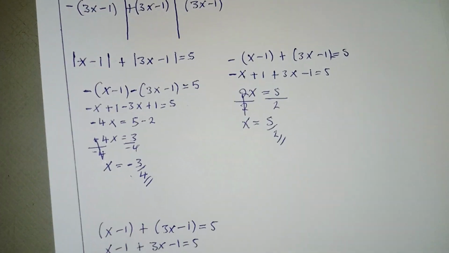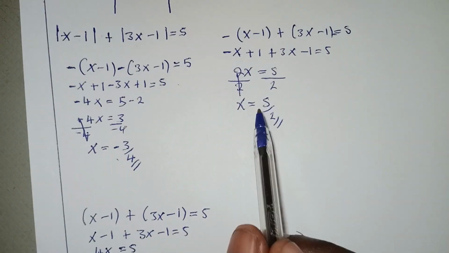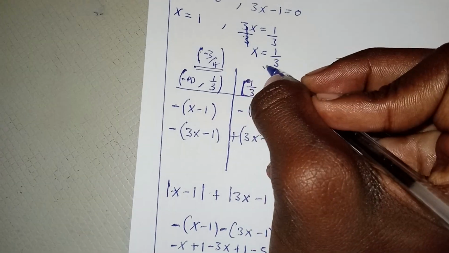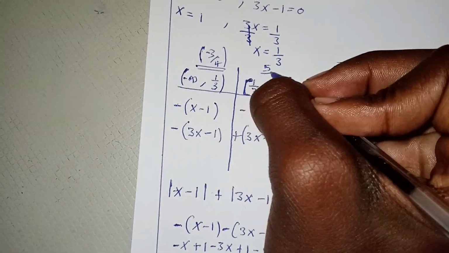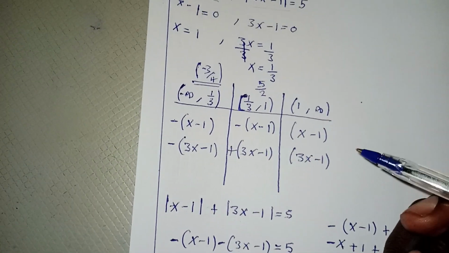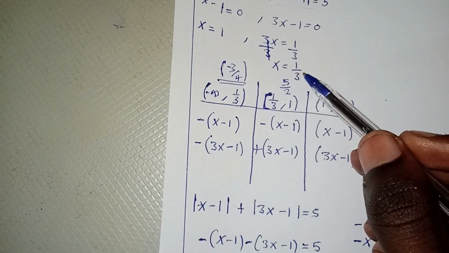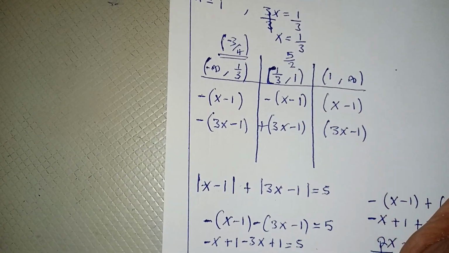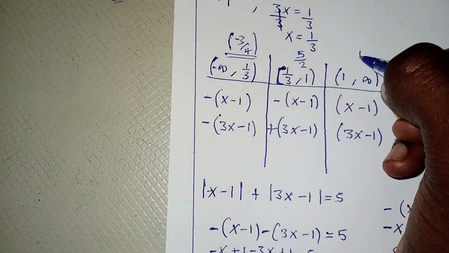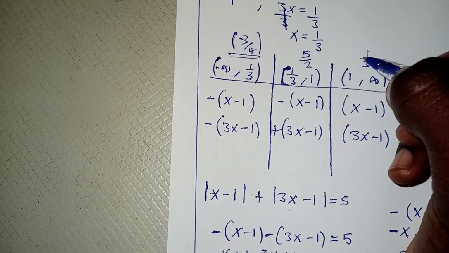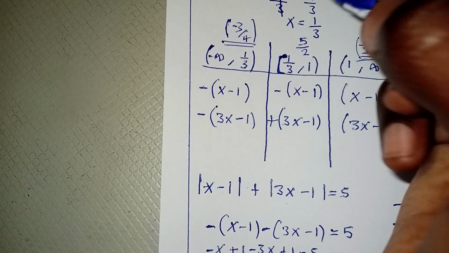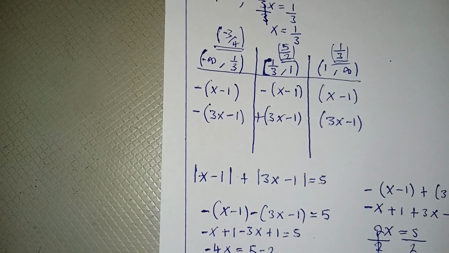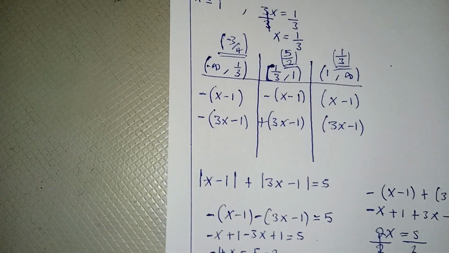Then in the next interval, remember we got 5 over 2 after testing. Now here we found some critical value, which we found to be 1 over 3. So automatically say 1 over 3, this interval. Let's see if we're going to have the correct value.